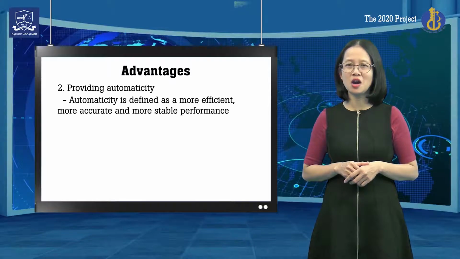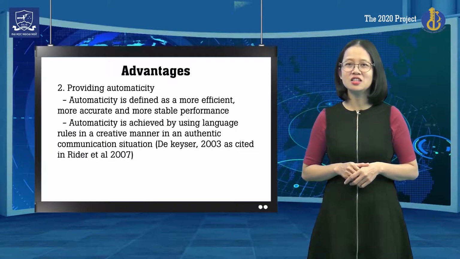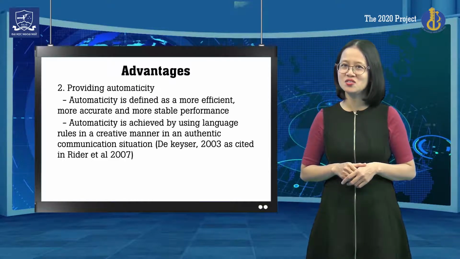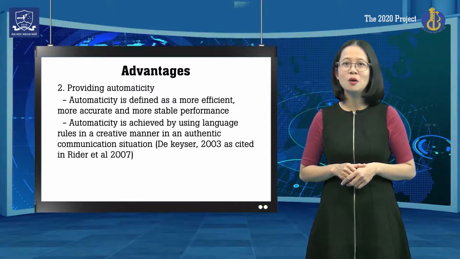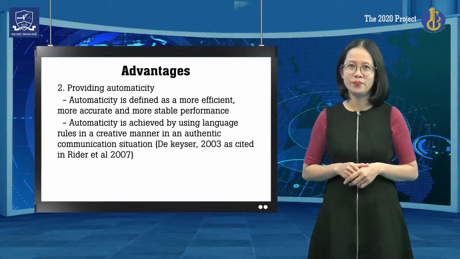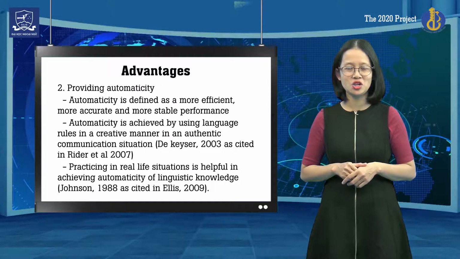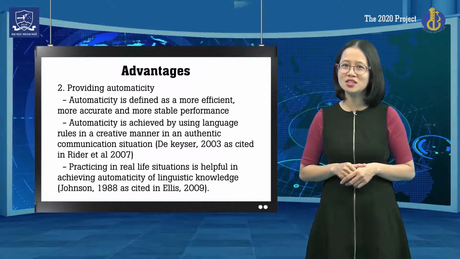Research in the fields of cognitive psychology and second language acquisition suggests that automaticity is achieved by using language rules in a creative manner in an authentic communication situation. Task-based language learning paves the way for automaticity. Cognitive theories of language suggest that practicing in real-life situations is helpful in achieving automaticity of linguistic knowledge.